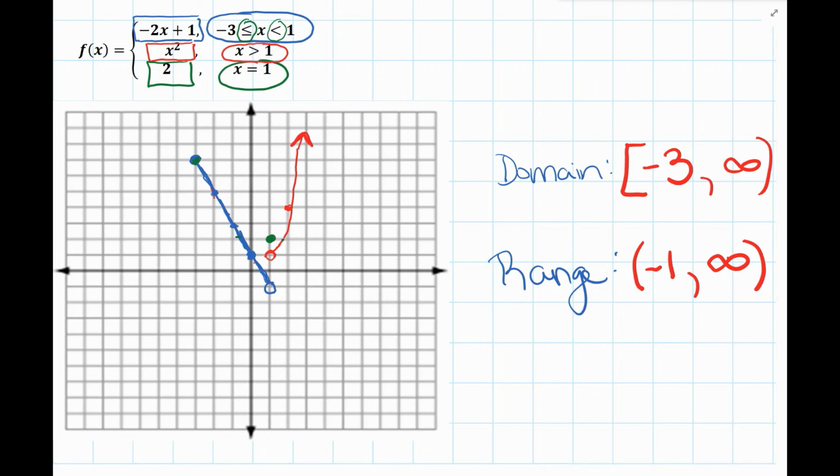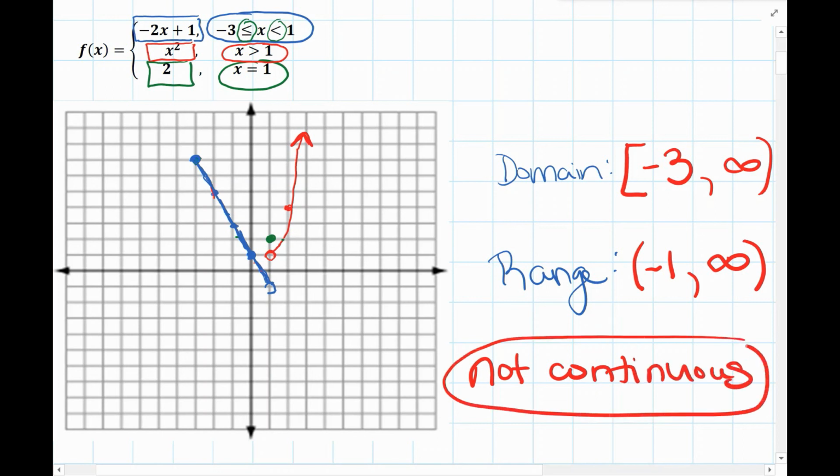With this particular graph, I can't do that. If I start over here with the blue, I'm tracing, but I have to pick up my pencil to continue to trace across the graph. Because this graph is not connected anywhere, I say that it is not continuous.